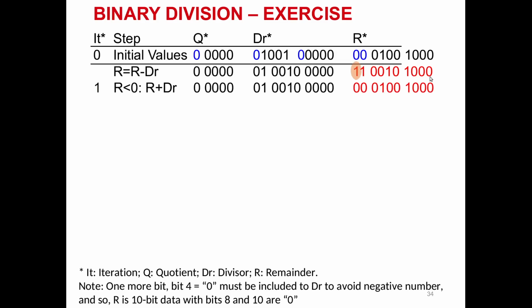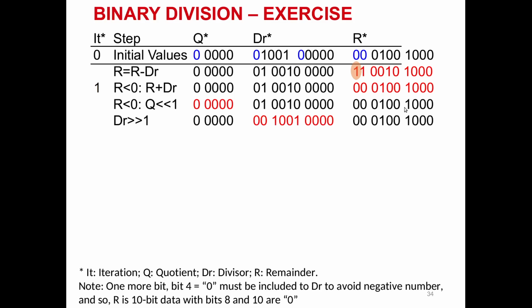And this bit, the most significant bit here, equals 1, which implies that R is smaller than 0, and so R must be reverted back to the previous value, that is R will be added with DR and return back to the previous value of R. At the same time, as that subtraction is smaller than 0, we shift a 0 bit into the least significant bit of Q, and Q didn't change its value at all, and it is still 0 0 0 0 0.